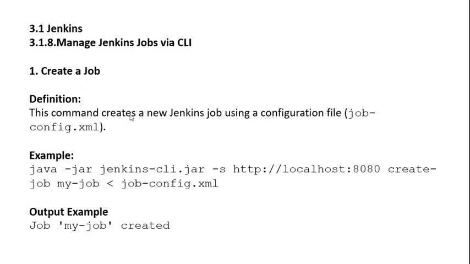This command creates a new Jenkins job using the configuration file job-config.xml. The example is java -jar jenkins-cli.jar -s http://localhost:8080 create-job my-job < job-config.xml, and the output is: job 'my-job' is created.